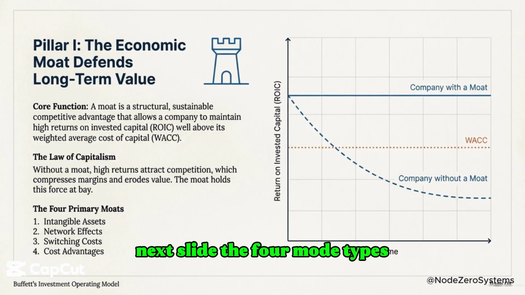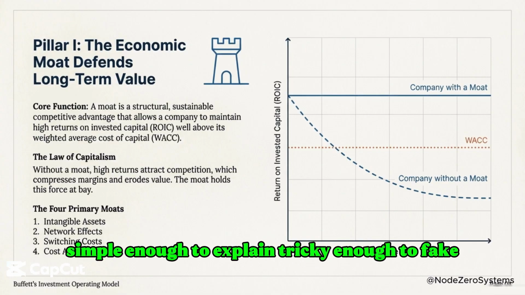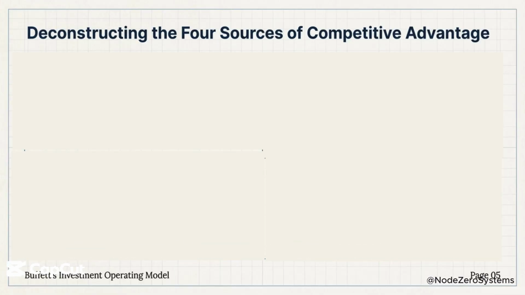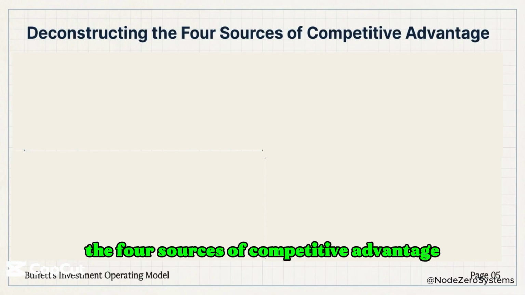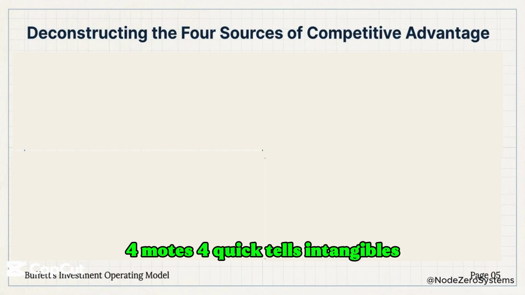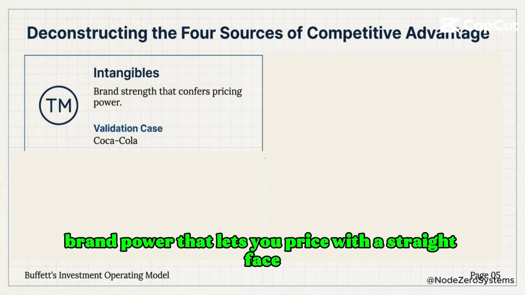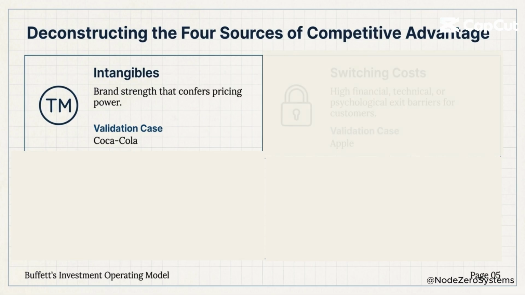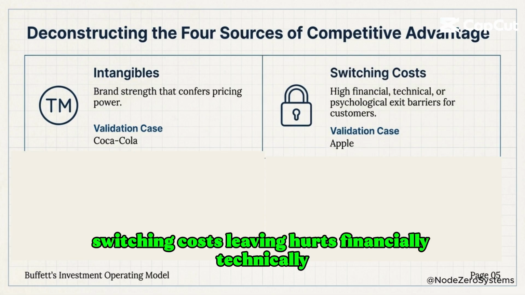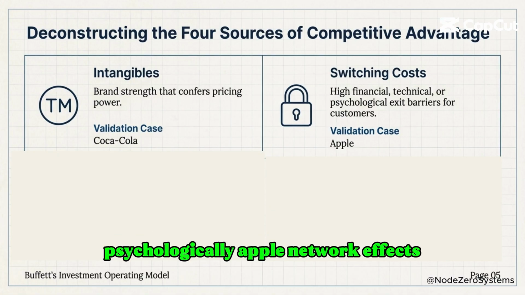Next slide. The 4 moat types. Simple enough to explain, tricky enough to fake. The 4 sources of competitive advantage. 4 moats, 4 quick tells. Intangibles. Brand power that lets you price with a straight face. Coca-Cola. Switching costs. Leaving hurts. Financially, technically, psychologically.